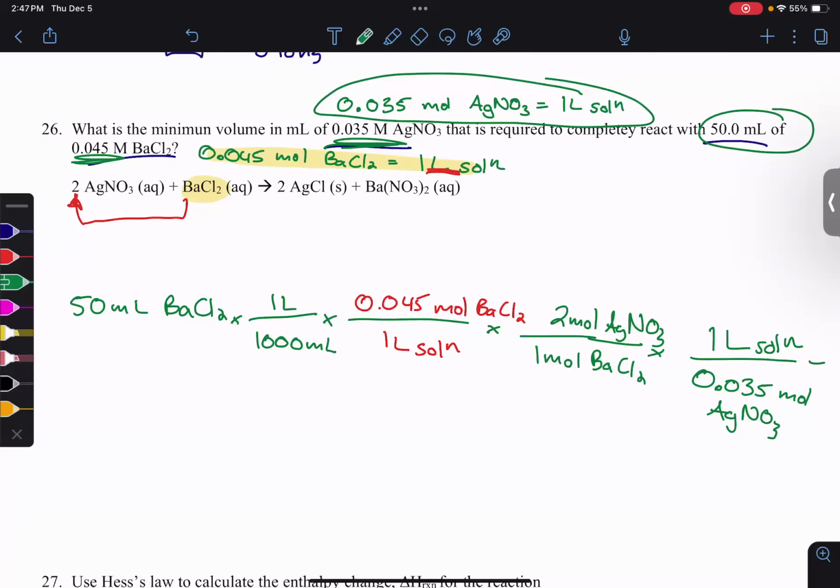So M1V1 = M2V2 is a bastardization of using it where it doesn't belong. It gives you the right answer sometimes, but in this case, if you use M1V1, you will be wrong because it ignores stoichiometry. So I promise you, if there's a titration on the exam and you use M1V1, you will be wrong because we always choose reactions that have stoichiometry that you have to apply.